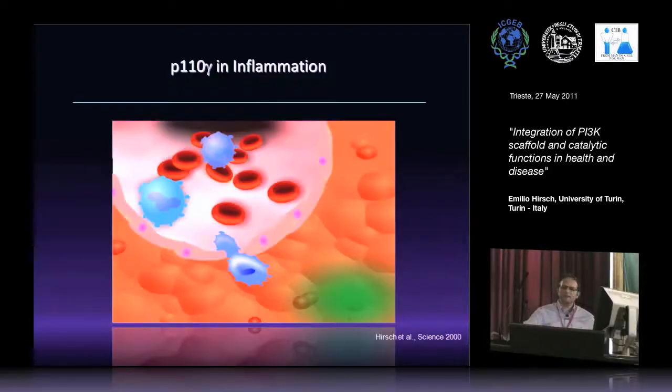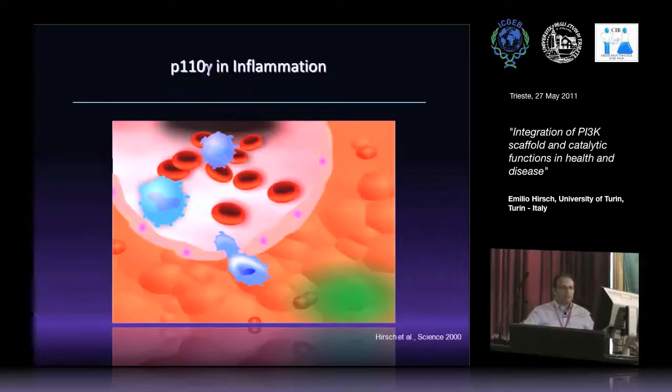At least it's heavily expressed by leukocytes. And the phenotype we observed in mice carrying mutations of this gene is that leukocytes don't migrate to the site of inflammation. So basically, PI3 kinase gamma activity downstream of G protein coupled receptors is needed for the recruitment of leukocytes to the site of infection or inflammation, of course.